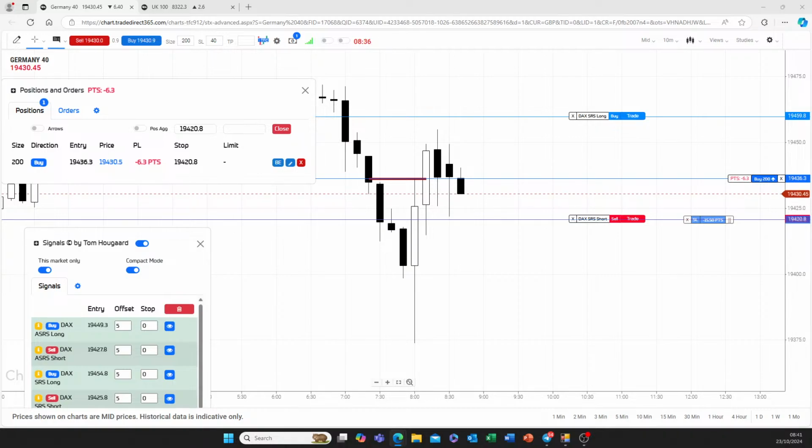Interesting how the FTSE and the DAX more and more are running their own pace, their own race, so to speak. That didn't used to be the case in the old days, so to speak.